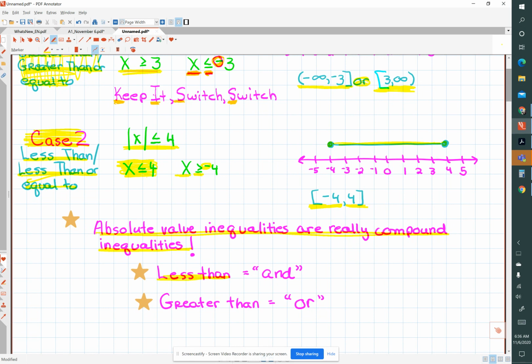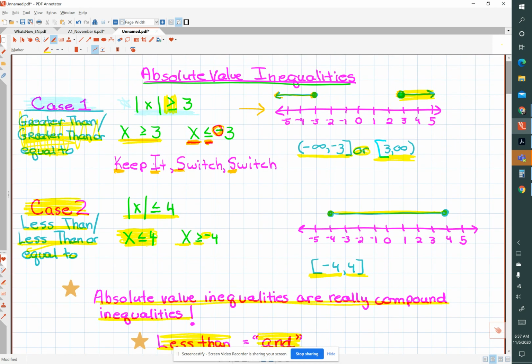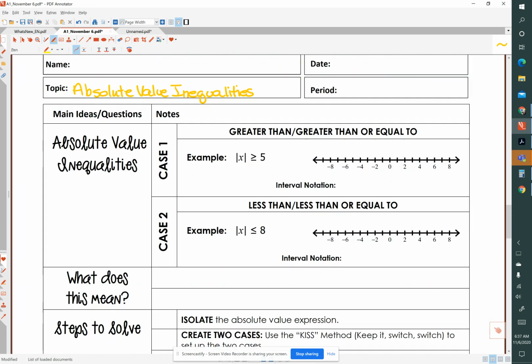Less than inequalities are the AND version of our compound inequalities. Greater than or equal to are the OR version of our compound inequalities from yesterday. Okay, so let's apply those rules. It'll get a little easier, I promise you, as we do it.